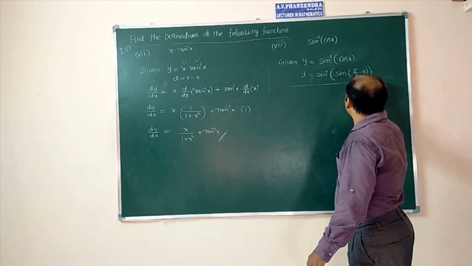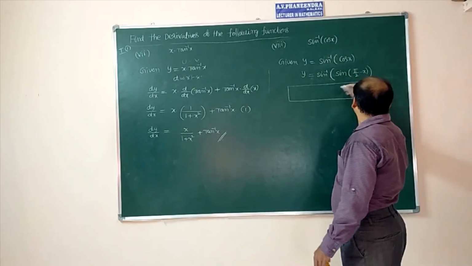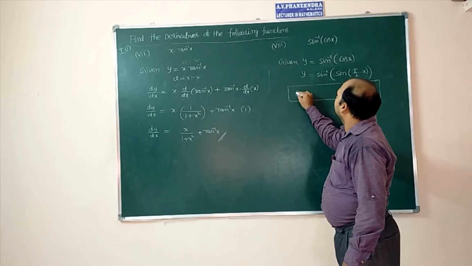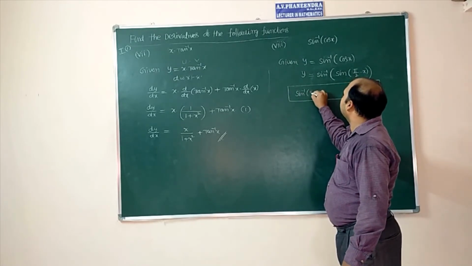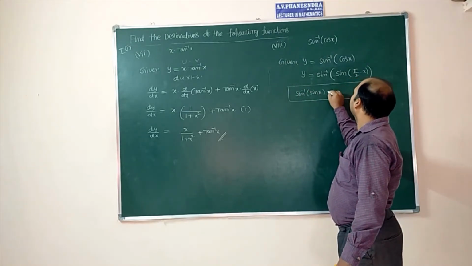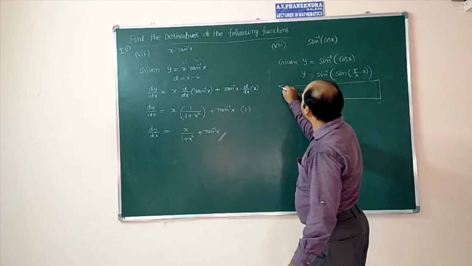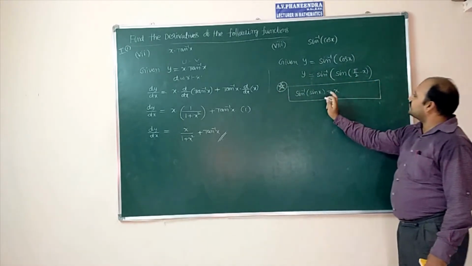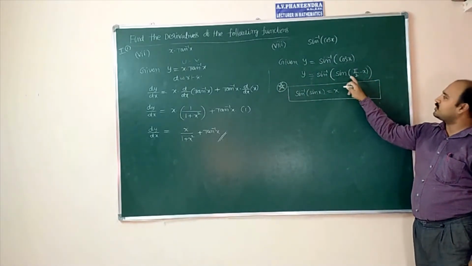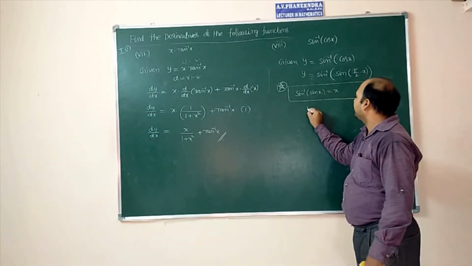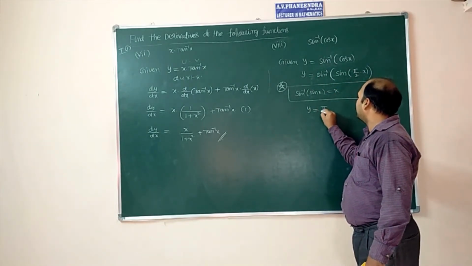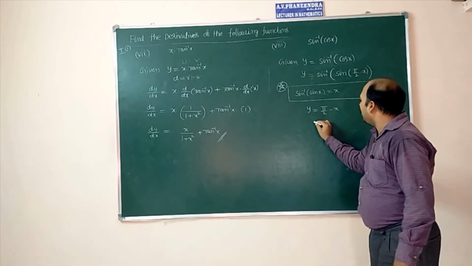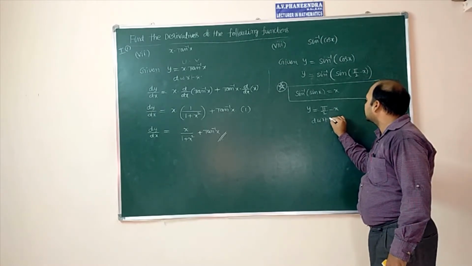In inverse trigonometry, we have one formula: sine inverse of sine x is equal to x. So by using this formula, this value becomes pi by 2 minus x. Therefore, y is equal to pi by 2 minus x. Now differentiate with respect to x.